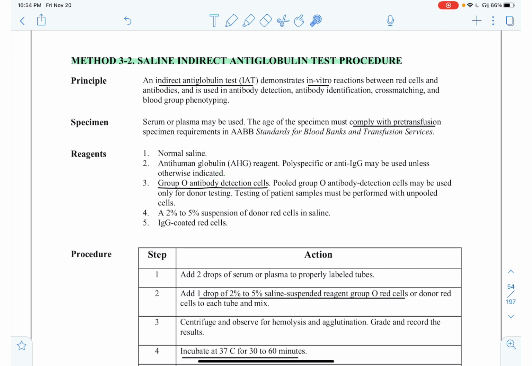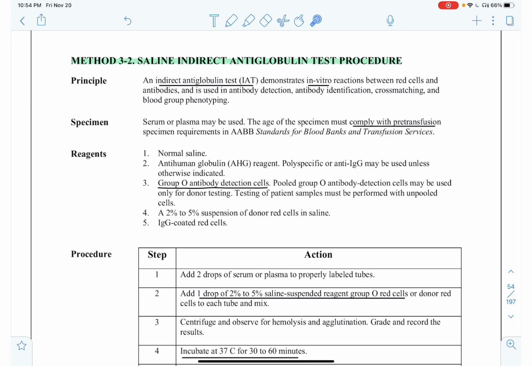Sometimes they're used interchangeably. We also hear the word Coombs phase used, and that is not actually correct. So the IAT refers to the indirect antiglobulin test, and AHG refers to the reagent. So we use anti-human globulin in an indirect antiglobulin test.